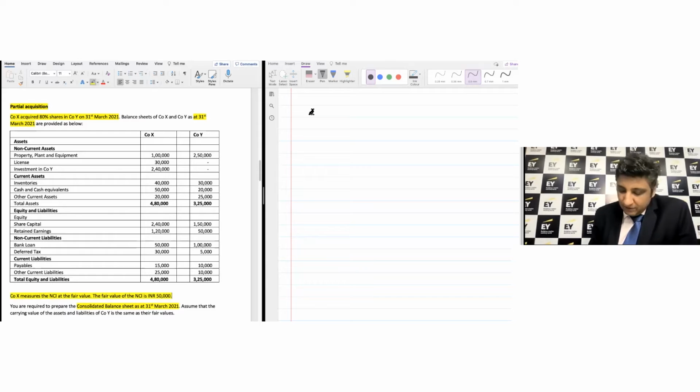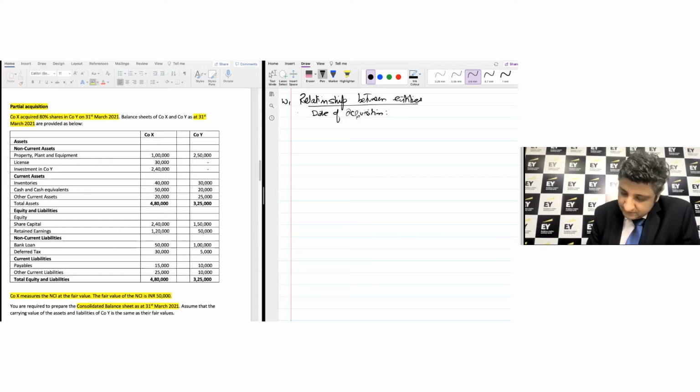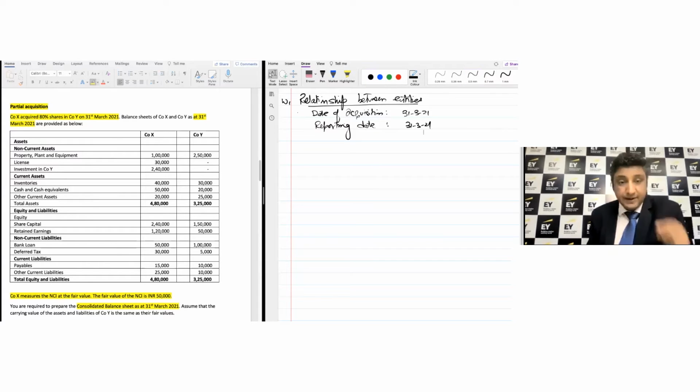Our step one is to first of all look at the relationship between the entities. The date of acquisition is 31st of March 21, and the reporting date is also 31st of March 21.